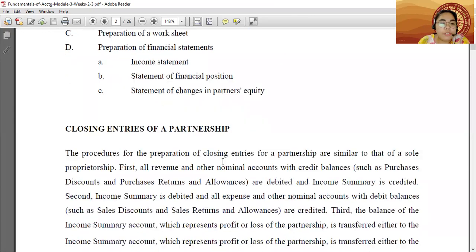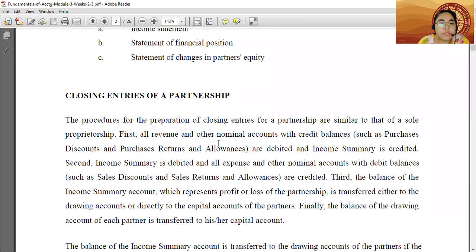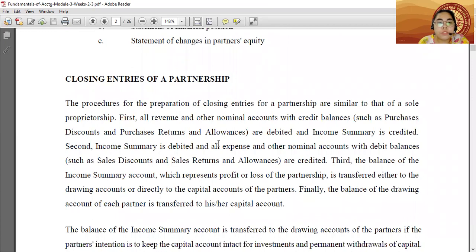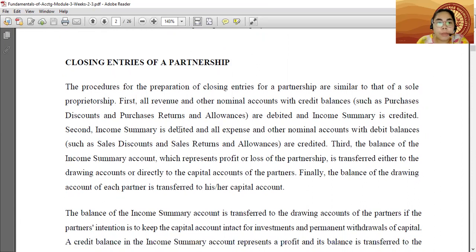So we have here the closing entries of a partnership. In this part of the video, I will be discussing only the theory part of partnership accounting, specifically on the partnership operations. And I will make another video for the partnership operations proper, since I'm still charging my pen.